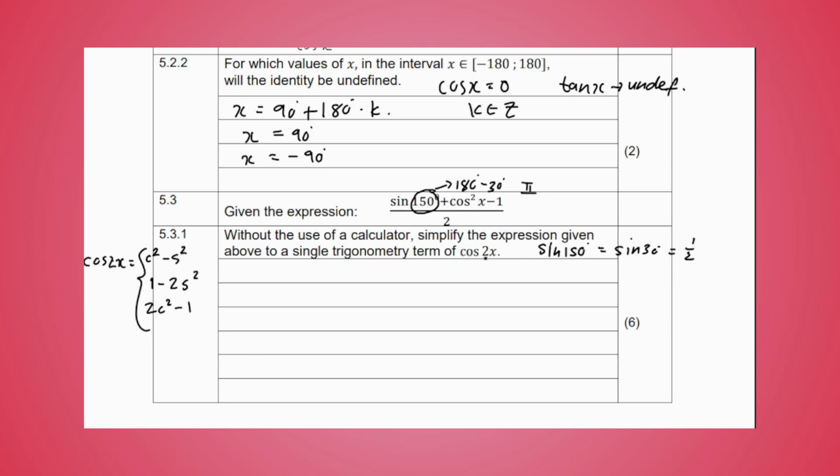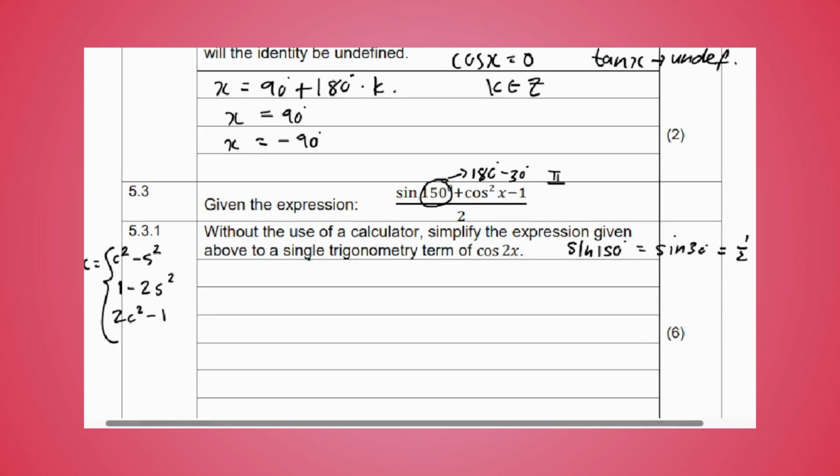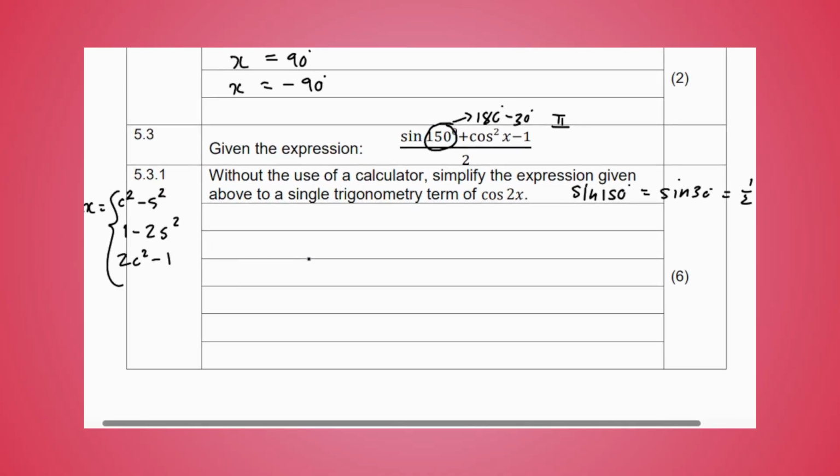What we're working towards is cos 2x, so we know we're probably going to use one of these. We're going to change this to a half. Maybe we could change this to be sin squared, but it has to be negative sin squared. Let's see if that works. I'm going to zoom in a little bit again so we can see better.